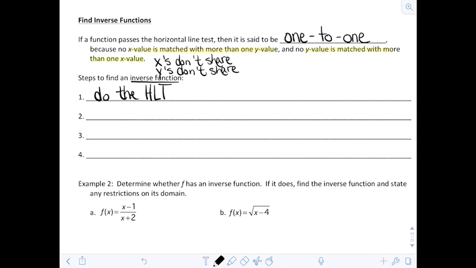And if it's not going to be a function, we're done at this step. But if it passes the horizontal line test, then we're going to keep going. So the next step, since you are often given, right now in pre-cal, everything we have is in function notation. So we're first going to, or secondly, we're going to replace f of x with y, and then we are going to switch x and y.